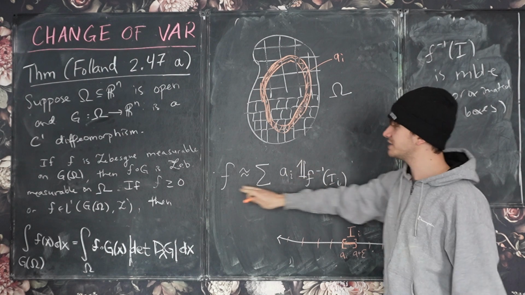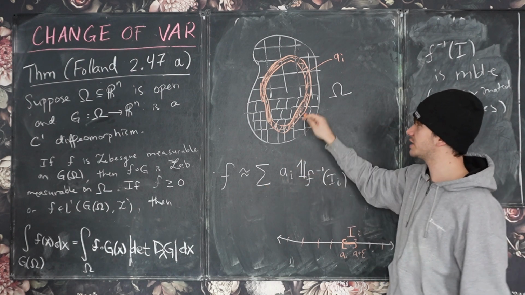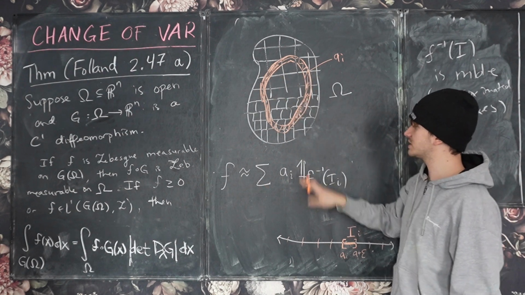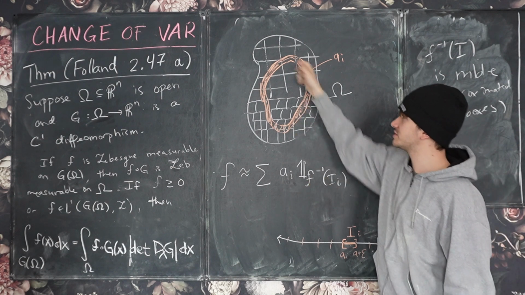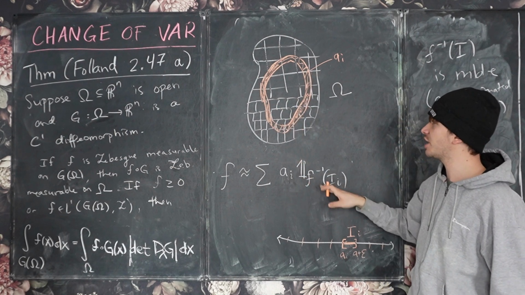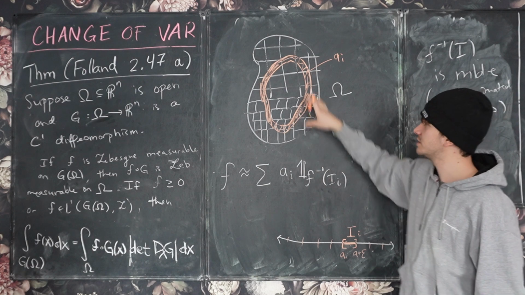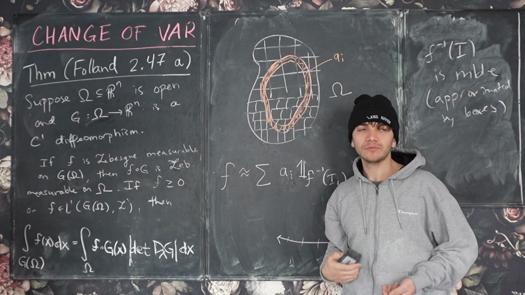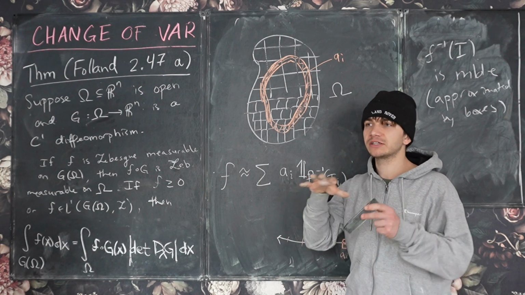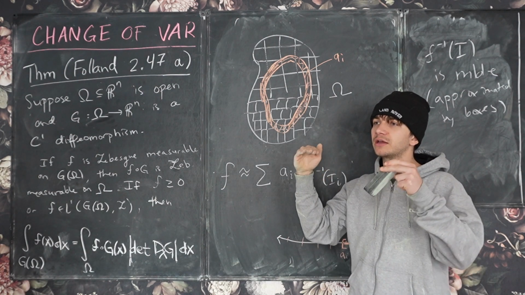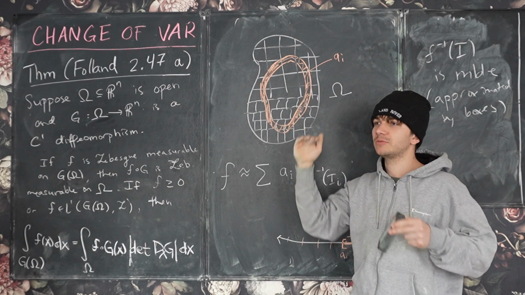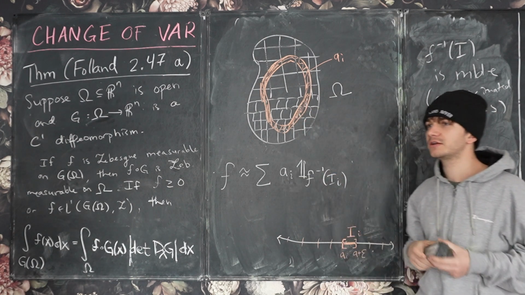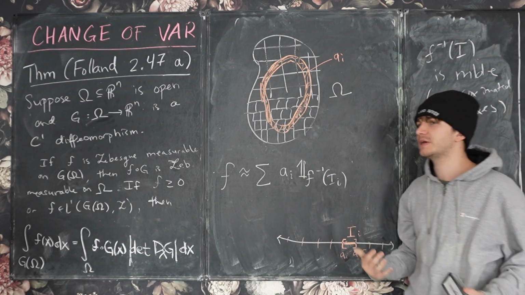And so I'm going to replace f with literally a function that's a constant height of a_i on this set. And then I'm summing over all these different sets. So you could think about it as essentially replacing a surface with a bunch of level sets, almost like a staircase of level sets. And that's an approximation. That's how we approximate the integral.